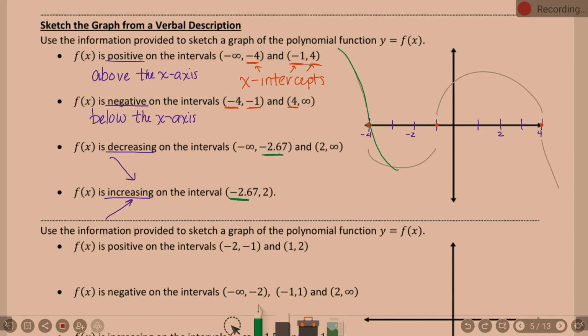I'm going to start increasing. And I'm going to increase up to 2. And then what am I going to do at 2? I'm going to start decreasing again. So these pieces right here, this was a min and a max.